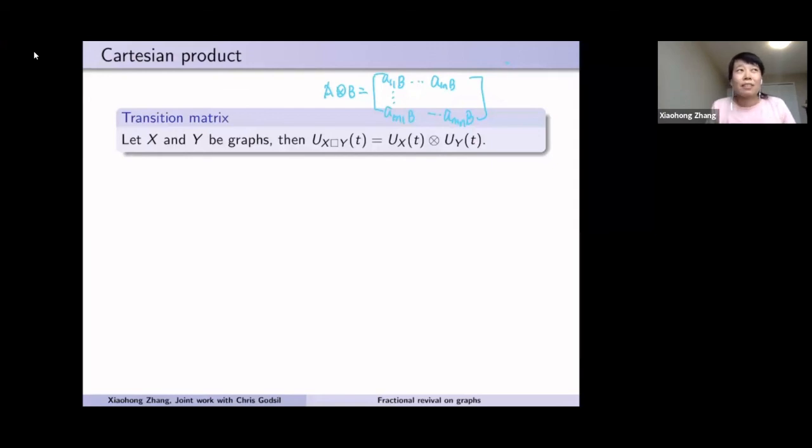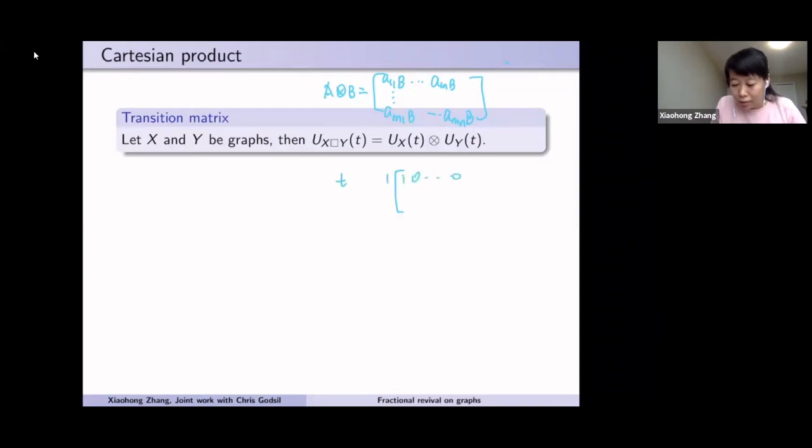So we want to construct graphs with FR, which means we need a block of a unitary matrix. We need the transition matrix to be block diagonal, and one block has size 2. Consider the case that there is a time t at which the graph X is periodic at vertex 1, for example.